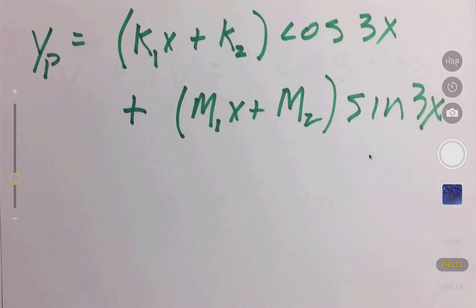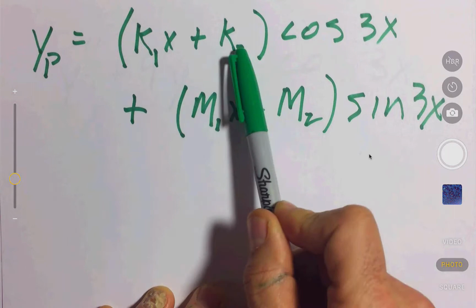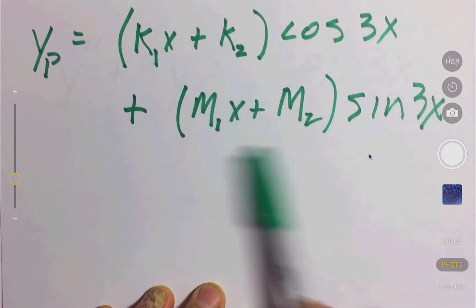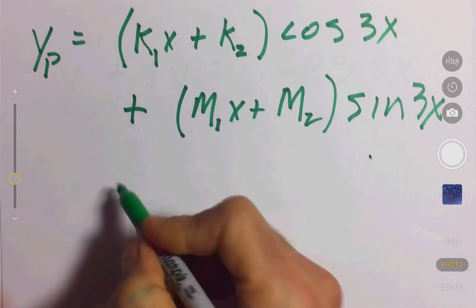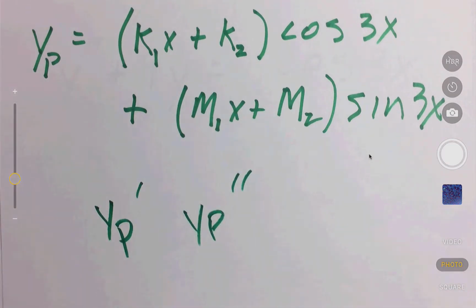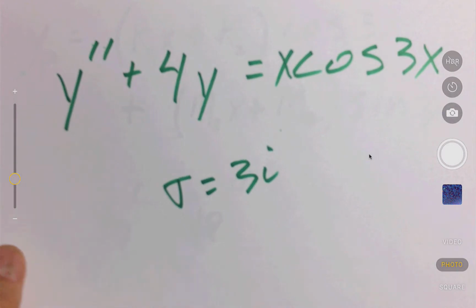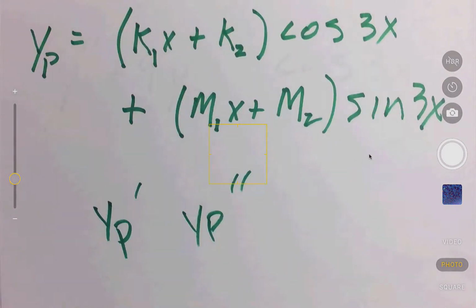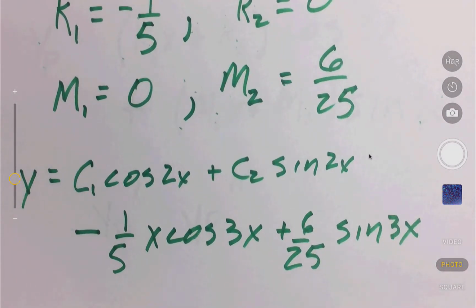So I'm going to need a linear times cosine, and then a constant times cosine, and also same thing for the sine. I'm using k's and m's. And again, you're going to find the derivative and the second derivative, substitute into the differential equation, impose that equals x cosine 3x, and figure out what the constants are. You wind up with these constants, so you get that solution.